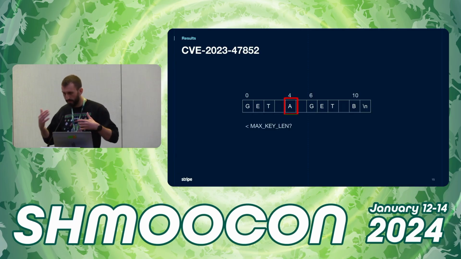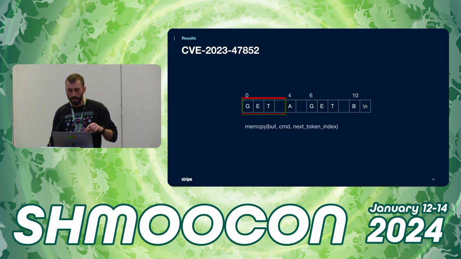And the way that the copying into the buffer and then processing this works is it first checks if the key is of requisite size, and then it memcopies into buff, which is a small stack allocated buffer. It copies in the command up to the next token index. And then it copies in the key into that same buffer, and then it processes it as one request, and then recursively does that over the entirety of the packet.